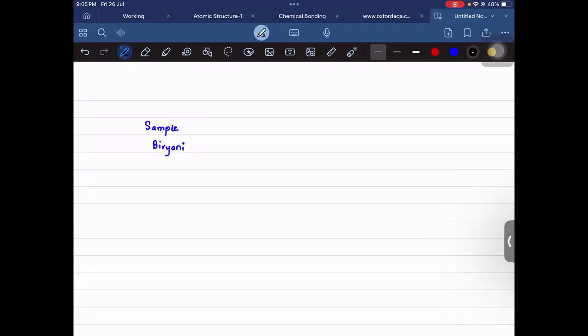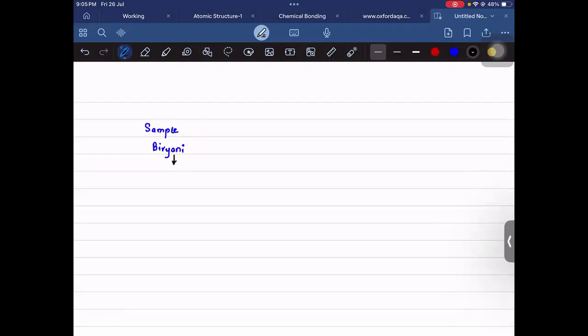I think it might be possible that this biryani has some copper sulfate. You know, copper sulfate is highly toxic. So I have given you the sample, and you have to identify whether there is copper sulfate in this sample, yes or no.